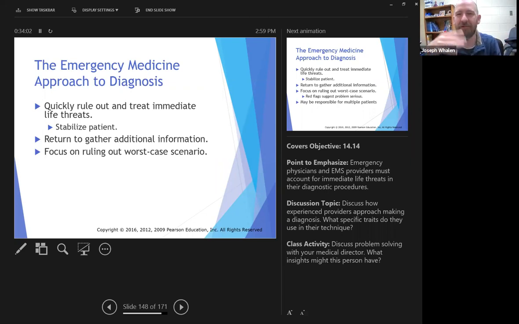We don't want our differential diagnosis to be just a couple of minor things, not including the possible life threat, whatever it might be. We want to have that worst case scenario on the board as early as possible. It's always in our minds, and then we can rule it out by further assessing our patient.